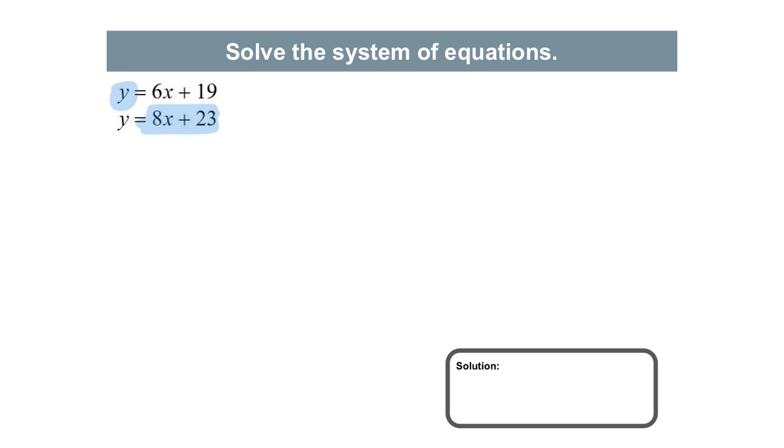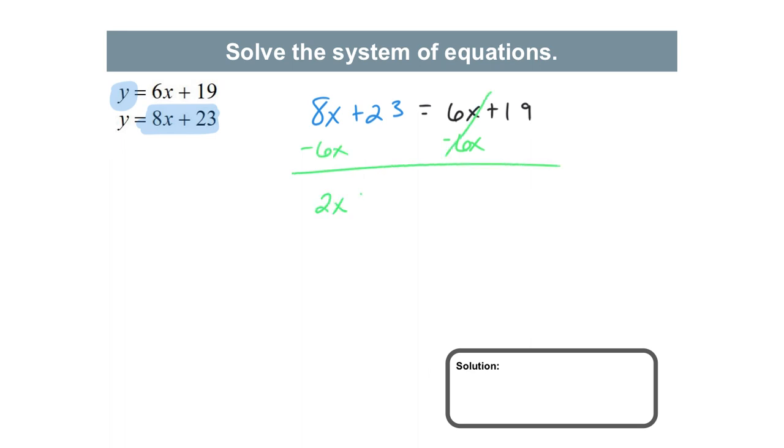That means that I will have 8x plus 23 equals 6x plus 19. And then I solve it like normal, so I'm going to move my smallest variable. And I get 2x plus 23 equals 19. Subtract 23 so we can get the variable by itself. 2x equals negative 4. So x equals negative 2.